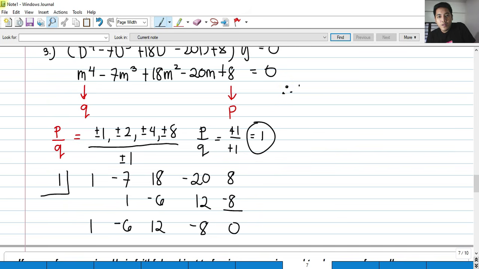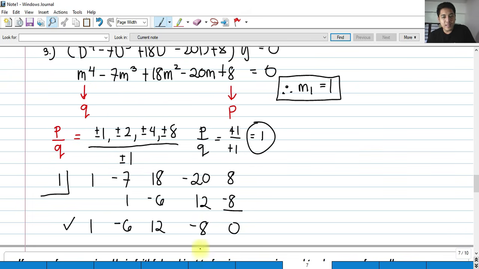Therefore, m sub 1, our root, is 1. As we can see here, we have 4 roots because it is raised to 4. So we have already solved for 1. So this now would be our new coefficients for our given auxiliary equation. We're going to reduce this. The highest degree would be 3.